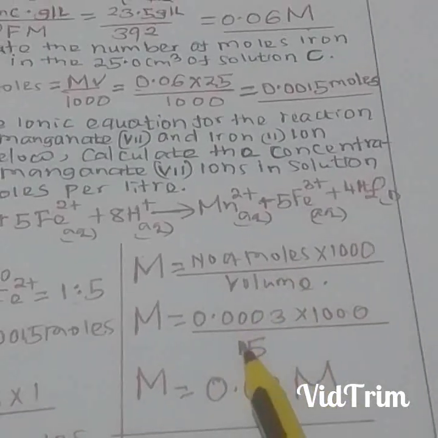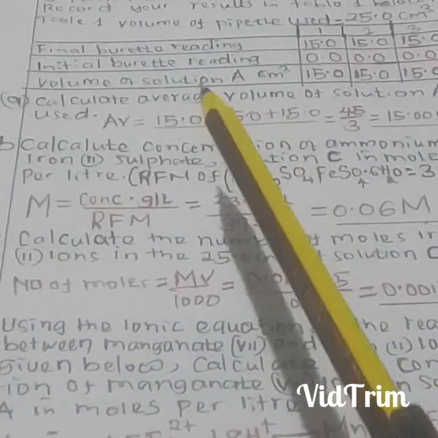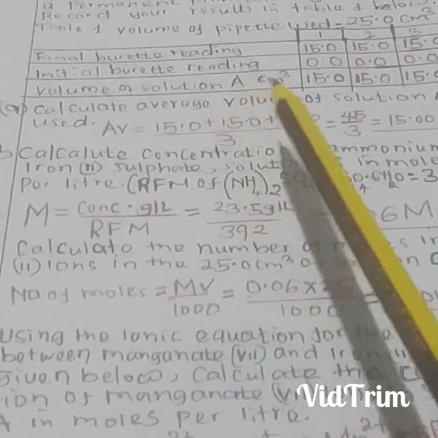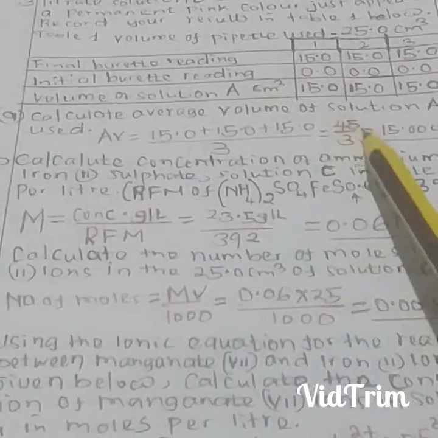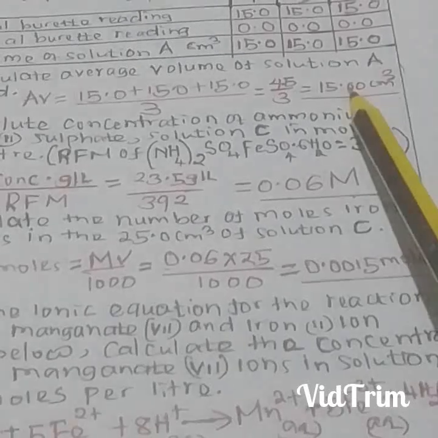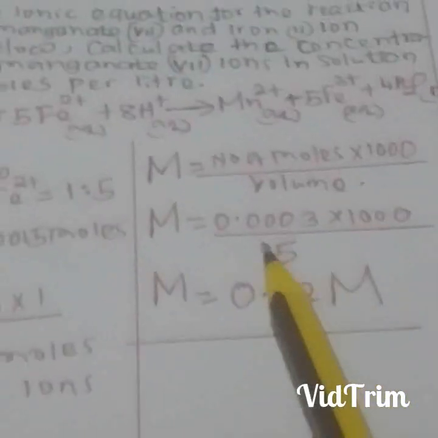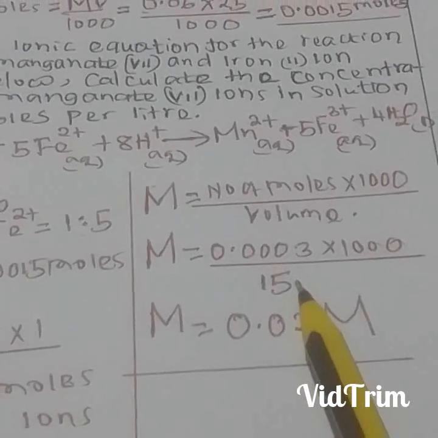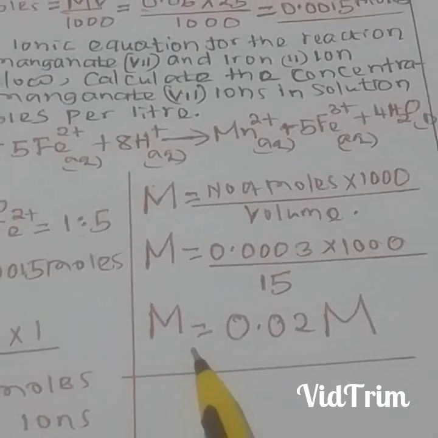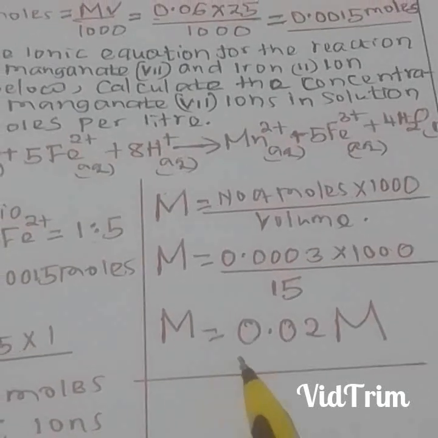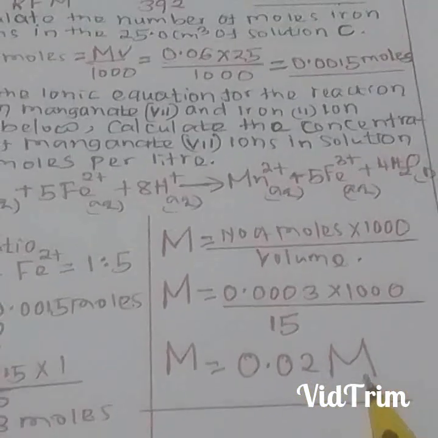What's the volume of the manganate ions? It was in the burette, the average volume, which is volume of solution A, the manganate 7 ions, whose average volume, my student, watch, is 15.00 centimeter cube. So when it comes to this last question, the volume is 15. So when you calculate carefully, my student, molarity or concentration in moles per liter of this solution A is equal to 0.02 molar.